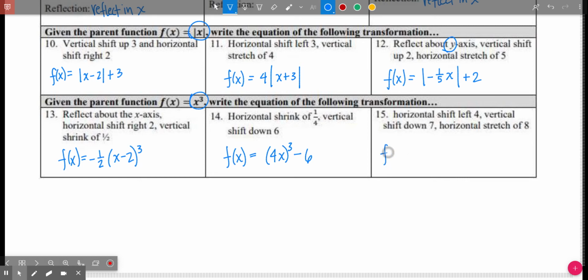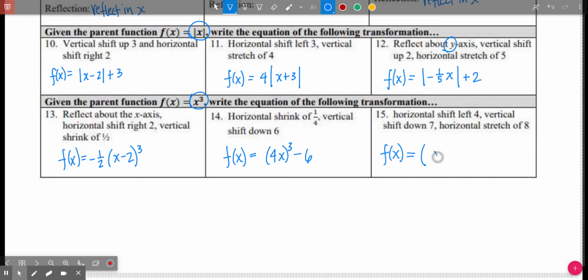In number 15, I have a horizontal shift left 4, a vertical shift down 7, and a horizontal stretch of 8. So I have to multiply inside, a horizontal stretch of 8, and a horizontal shift left of 4.